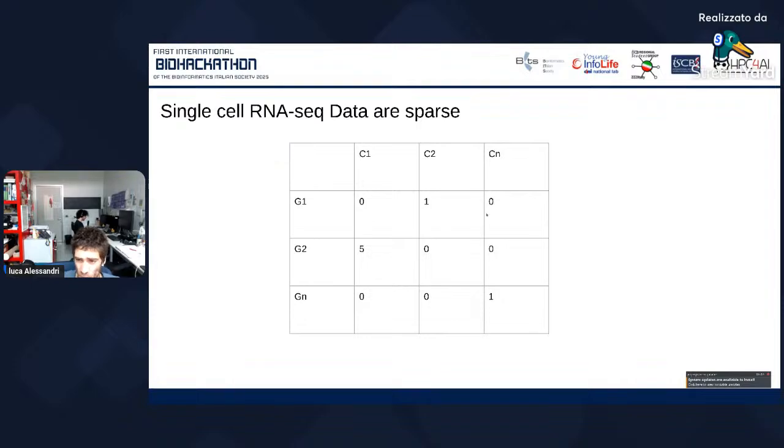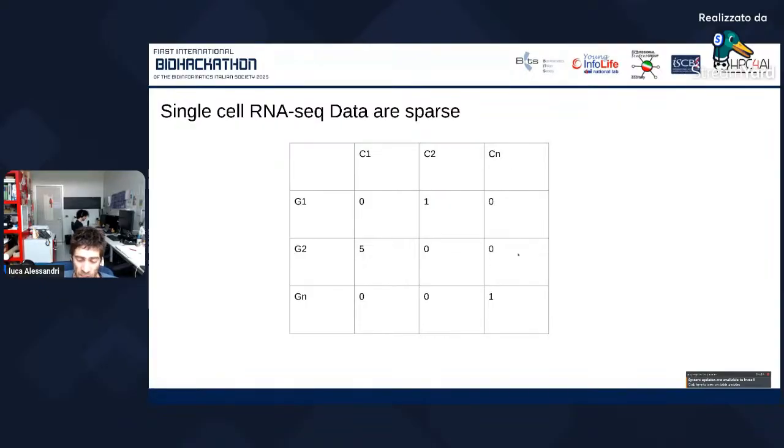Basically, the main problem is: why do we have these zeros? Is it a real zero or a technical zero? Since we have so many genes, we don't really have a 100% chance to pick all of them. So if here there is a zero, I can't be 100% sure that this gene in this cell is not expressed.